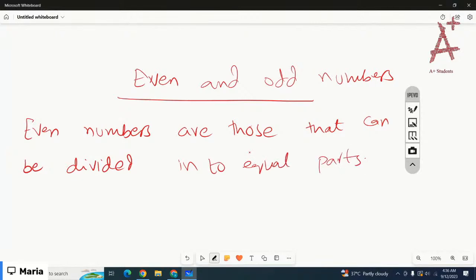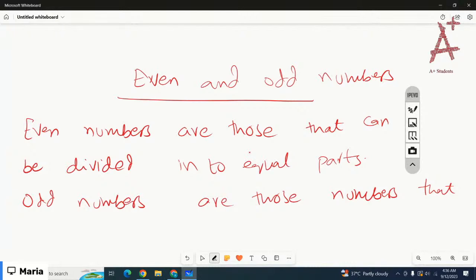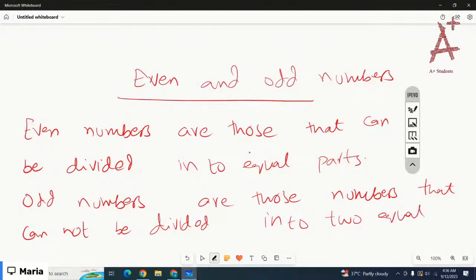While odd numbers are those numbers that cannot be divided into two equal groups.